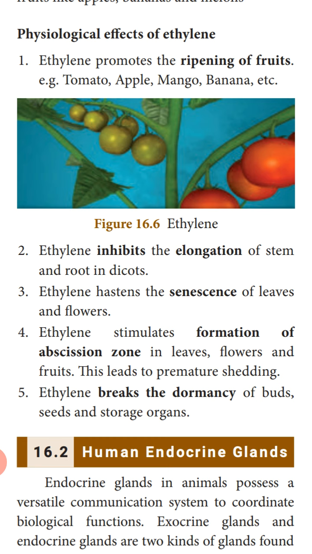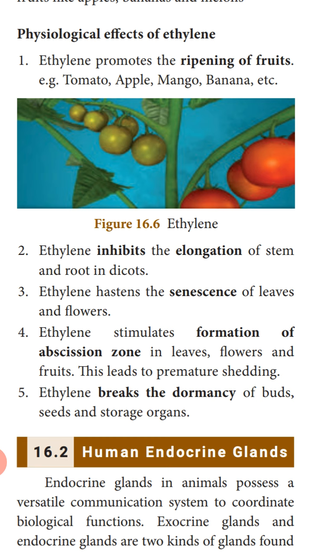Next, ethylene inhibits the elongation of the stem and roots in dicots. So the next function of this ethylene is that it will prevent the elongation, that is the increase in the length, of the plant shoot as well as the roots in dicot plants.